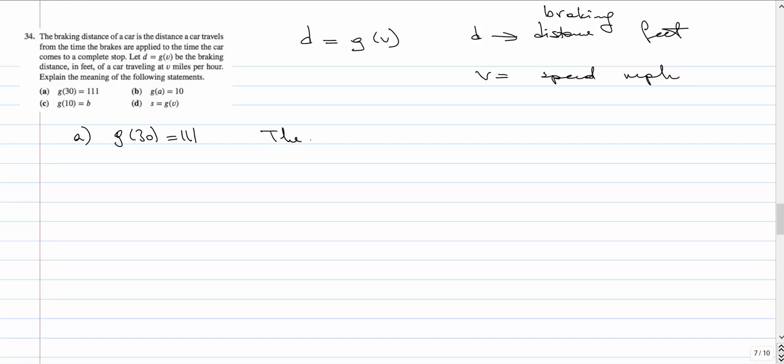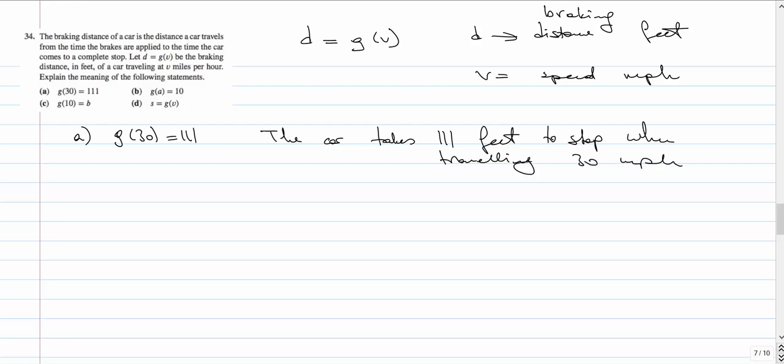The car takes 111 feet to stop when traveling 30 miles per hour.